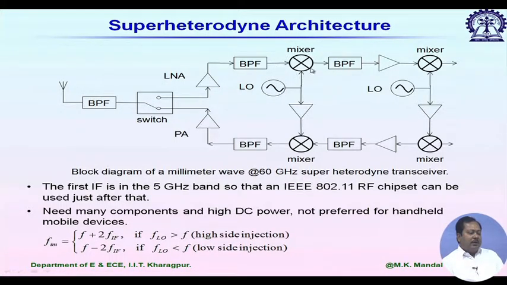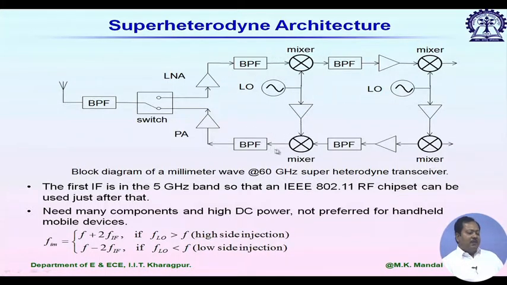The mixer multiplies the local oscillator signal with the incoming RF signal, and in the frequency domain, if the incoming frequency is F RF and the local oscillator frequency is F LO, it generates F RF plus and minus F LO components. Usually we take the smaller one, the difference.